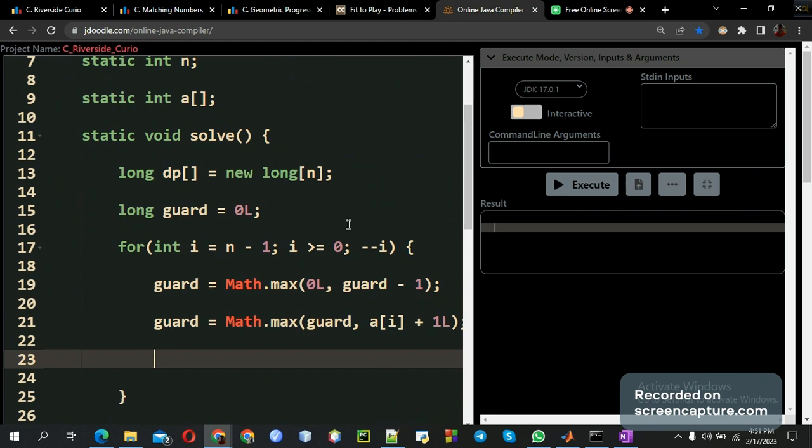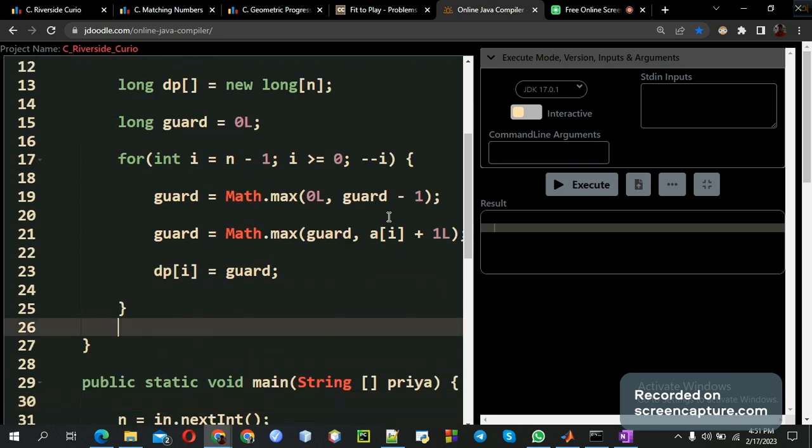This is our condition. We add one here because the neighbor level guard we cannot consider as situated above the guard. So a[i] plus 1 guard is added, and this guard number is remembered by our dp array.